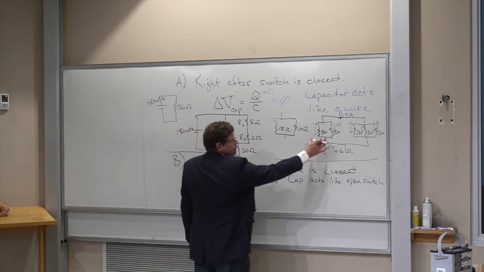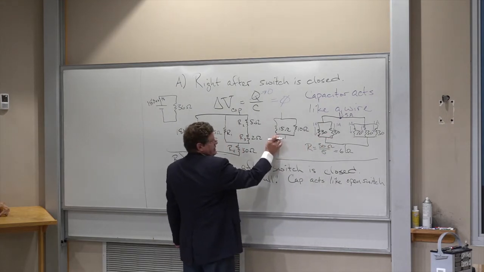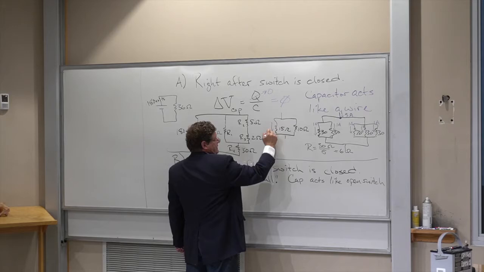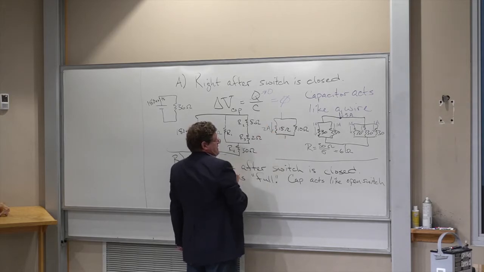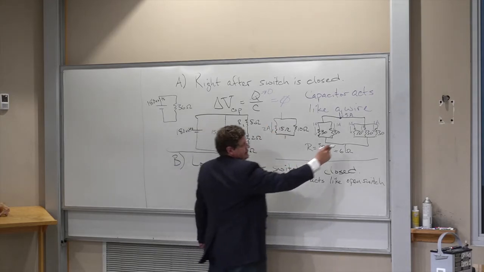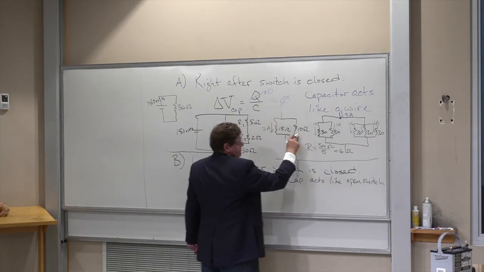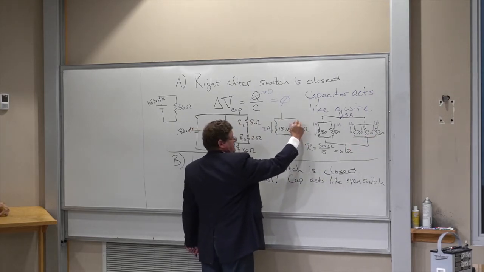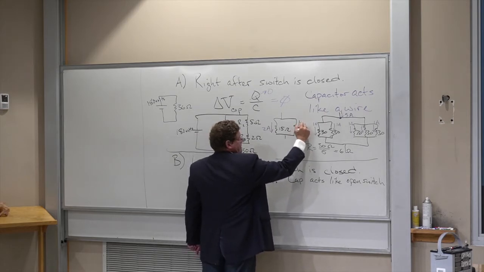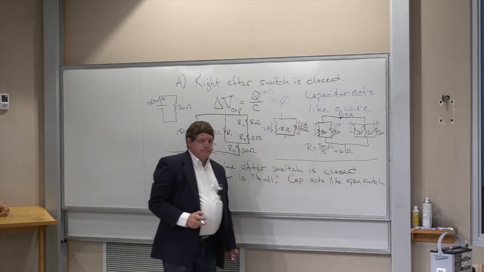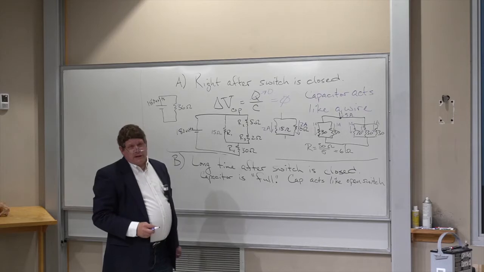Now remember, these 2 30s here are this 15 ohm resistor, so that means I got 2 amps going that way. These 3 paths, these 3 30s, represent that 10 ohm resistor, so I'm going to have 3 amps going that way. That's one way to look at it.